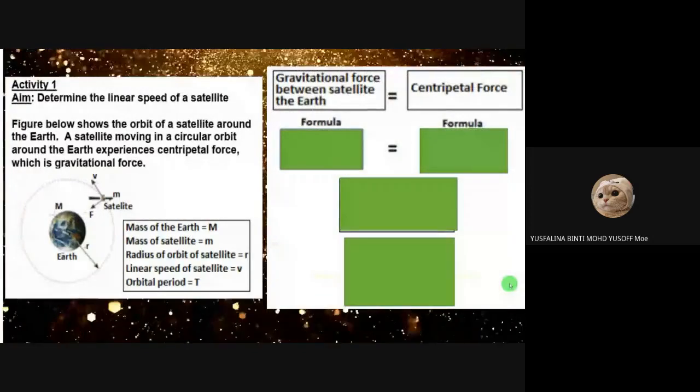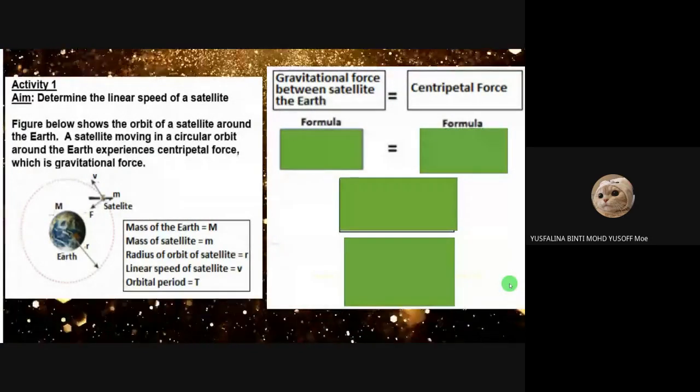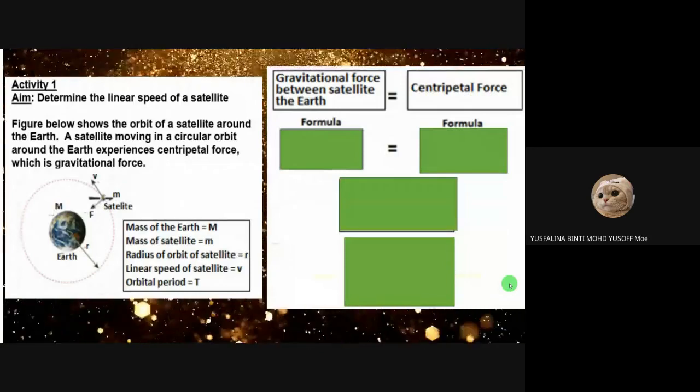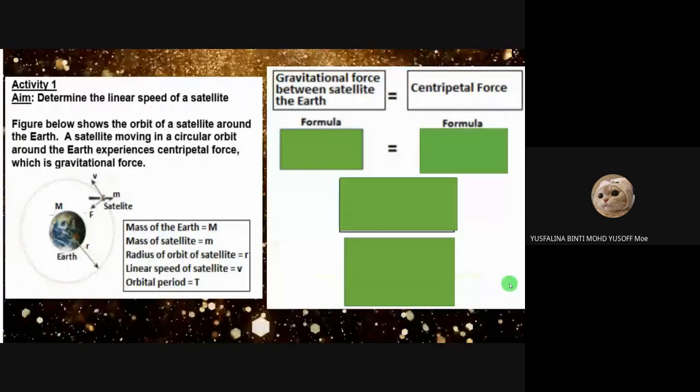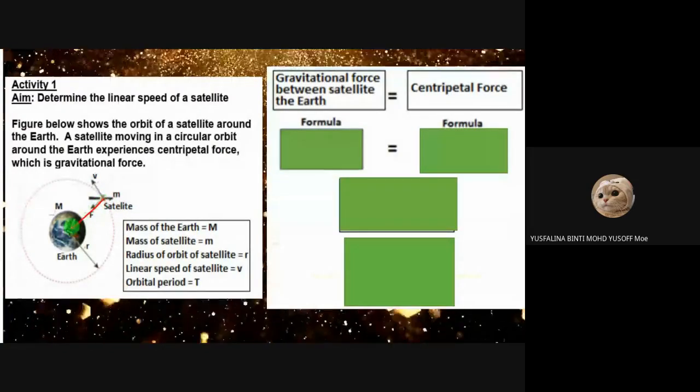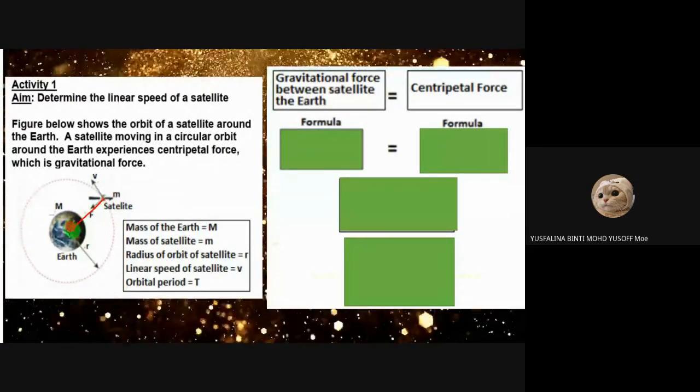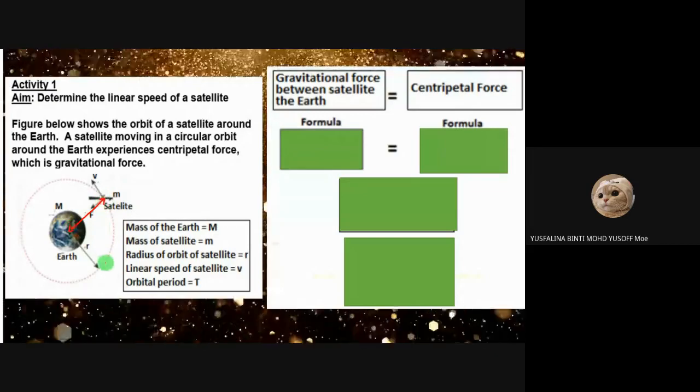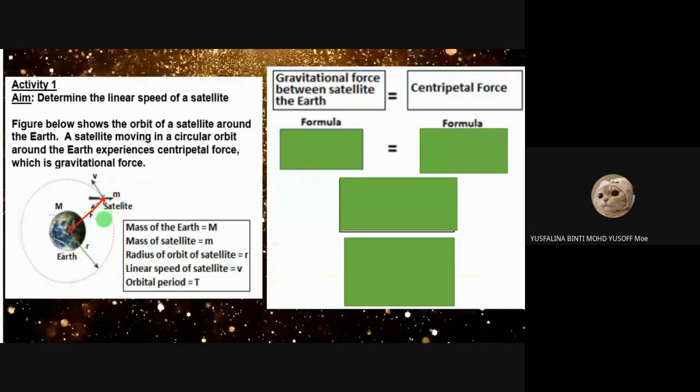So the equation that we can make here, that I already explained just now: the gravitational force is actually equal to the centripetal force. The gravitational force is acting between these two objects, the Earth and the satellite.